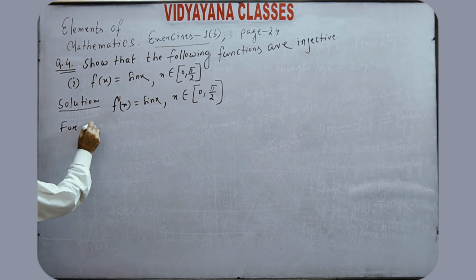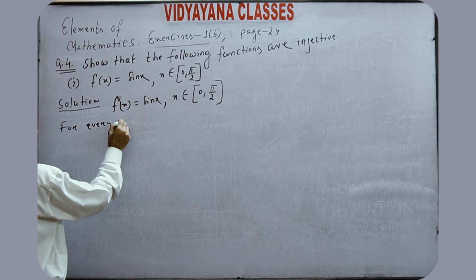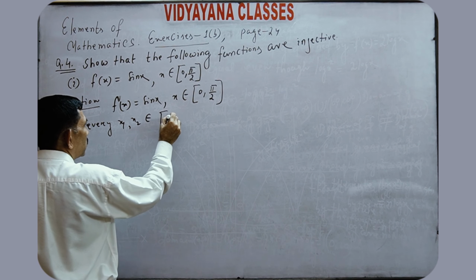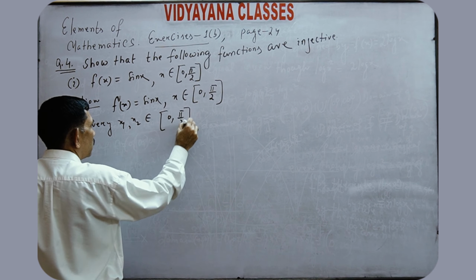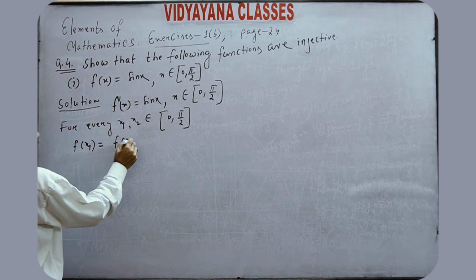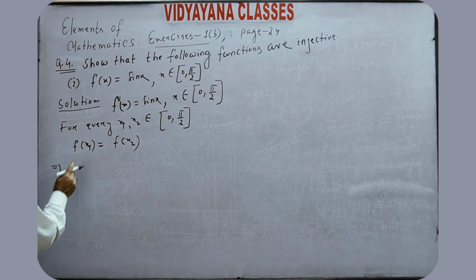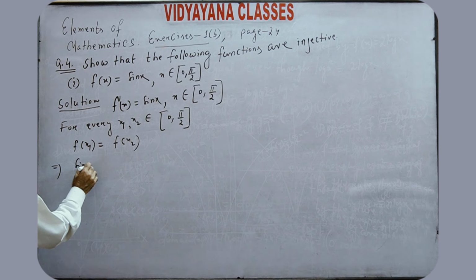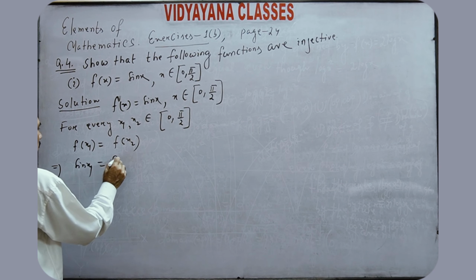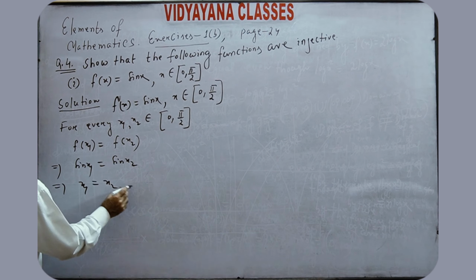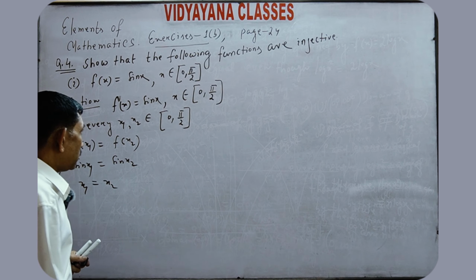For every x1, x2 belongs to domain set, closed bracket 0 to pi by 2, f(x1) is equal to f(x2). That implies, f(x) equal to sin x, sin x1 is equal to sin x2. That implies x1 is equal to x2.